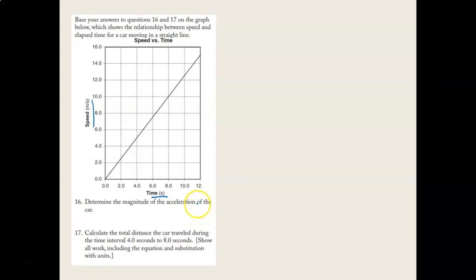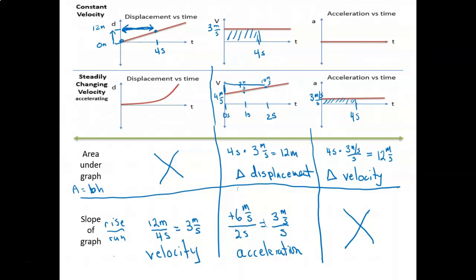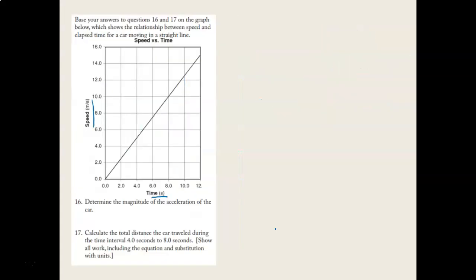Well, acceleration, we said, is the slope of a velocity versus time graph. Acceleration can be found by looking at the slope of a velocity versus time graph. So let's just say here, start off at 0 seconds and 0 meters per second, and let's find a nice convenient point.